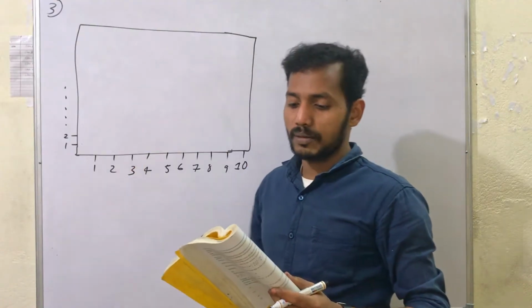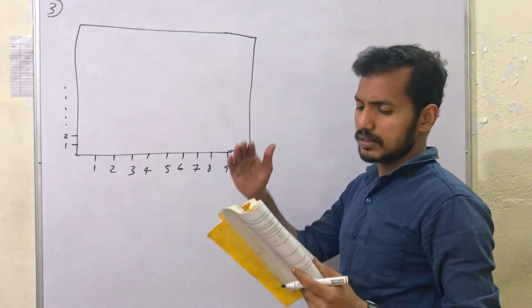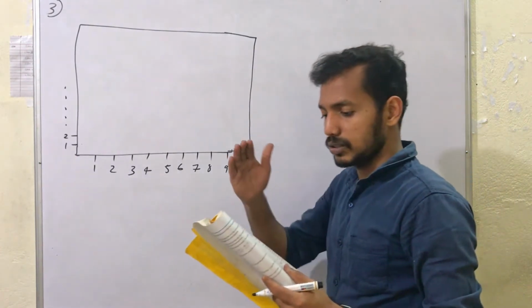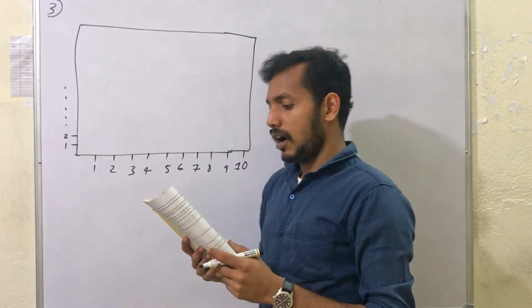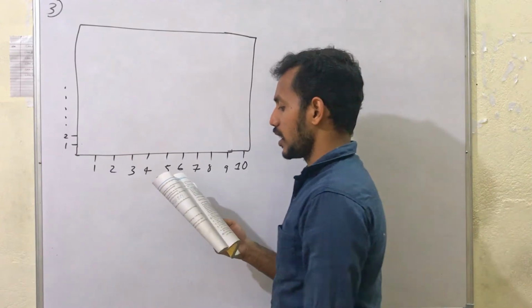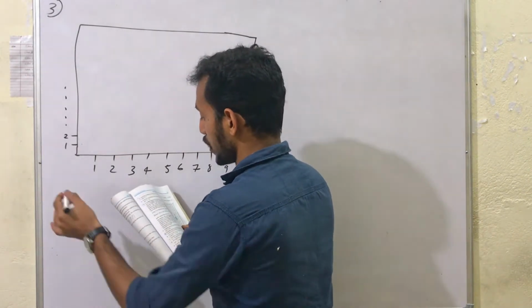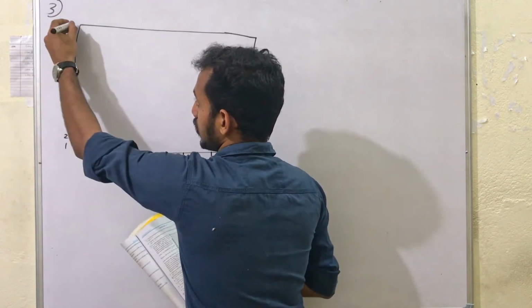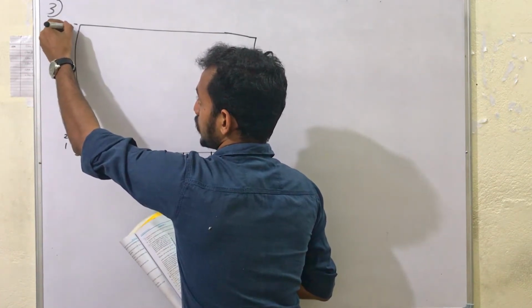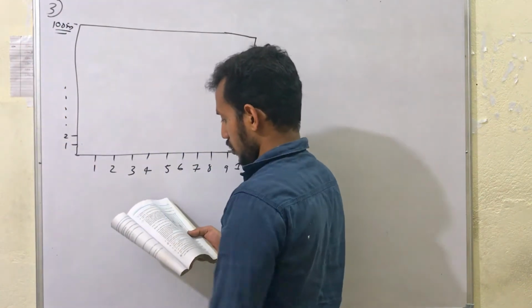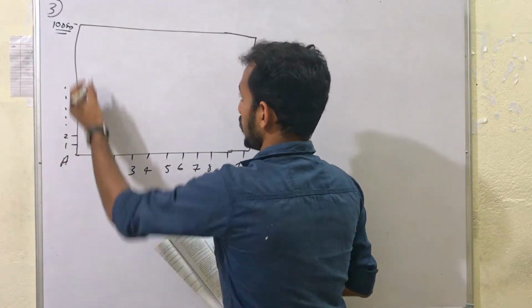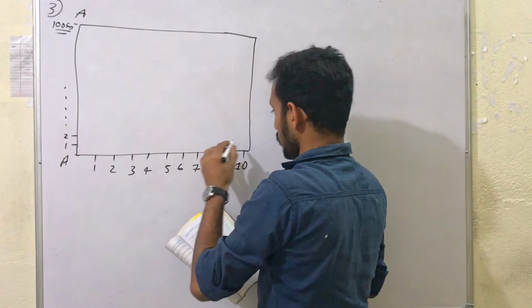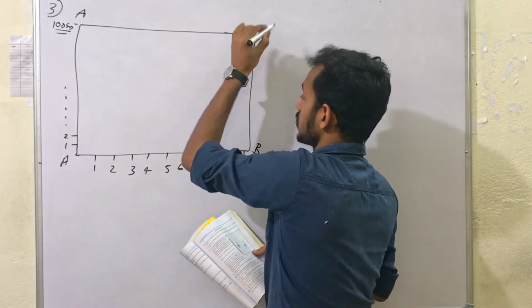Next, question number 3. To conduct sports day activities, leave it. Come to the question part. 100 flower pots have been placed at a distance of 1 meter from each other. So the total up to this will be 100 meters. The vertices are given as A, D, B, C and this.